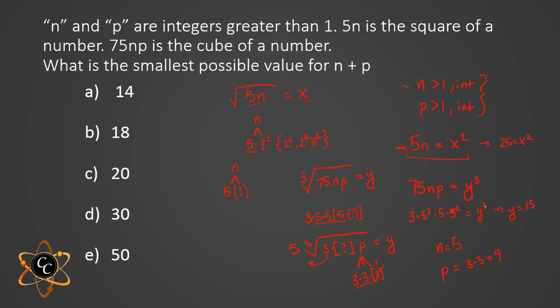Both of them have an exponent of 3. What we would be left with is one 5 and one 3 when we take the cube root, giving us 3 times 5, which is 15. So at the very least, n is a multiple of 5 and p is a multiple of 9. So the smallest possible value for n plus p would be equal to 5 plus 9, or 14.